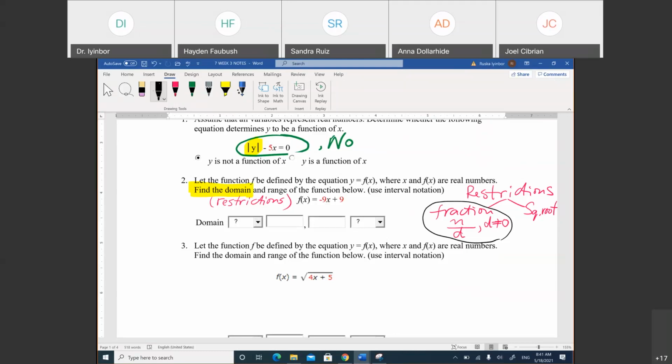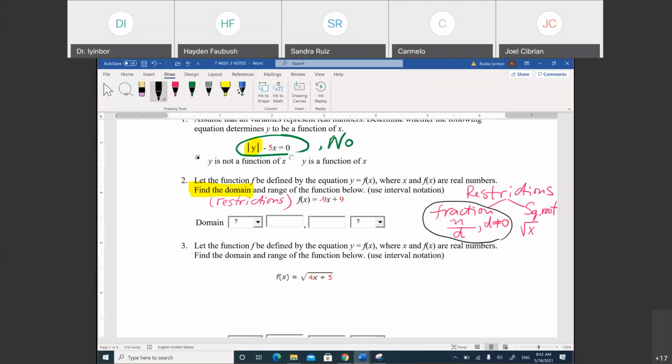Okay? Now, what is the restriction on square root? So when you have a square root, what does square root mean? Can you take the square root of anything? No, you cannot take the square root of a negative number.